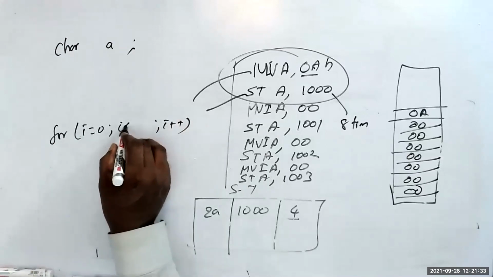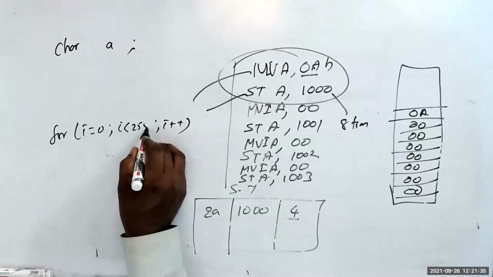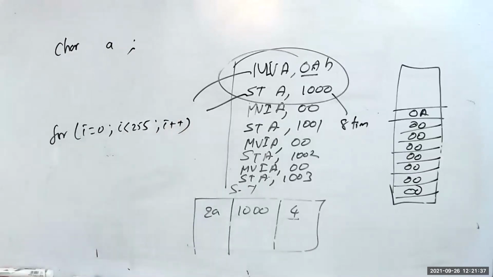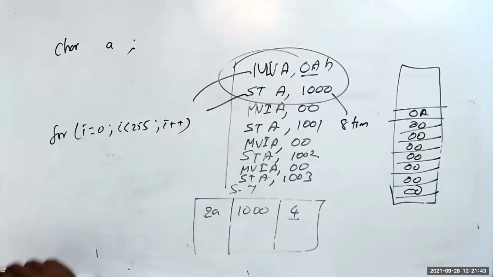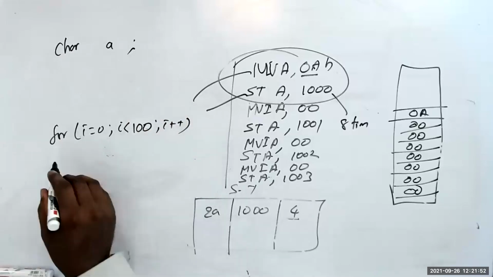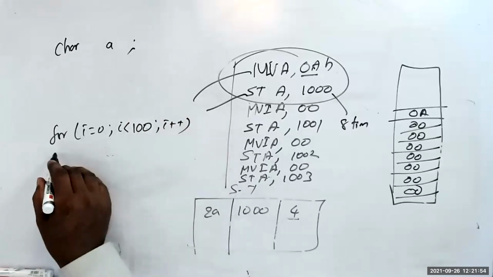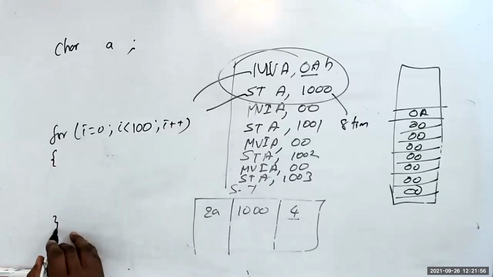I less than 255, yes, it can go only up to that. 0 to 255, I cannot go beyond that because it's a character. Let's take 100, then I put a delay. Am I right?